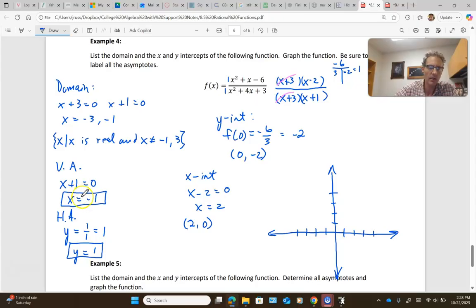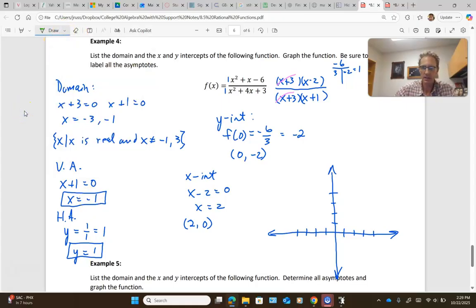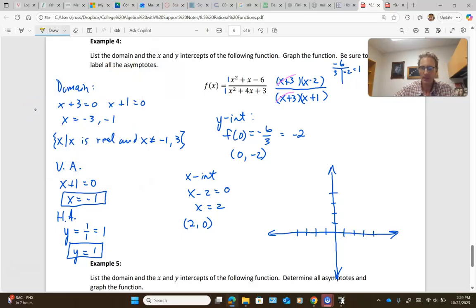So I've got one at x equals -1. I'm going to get a different color here to draw this in. Green I don't think is a good choice. Well, this one. Okay, so x equals -1 is right here. And then I have a horizontal asymptote at y equals 1. So y equals 1 will be this horizontal line.